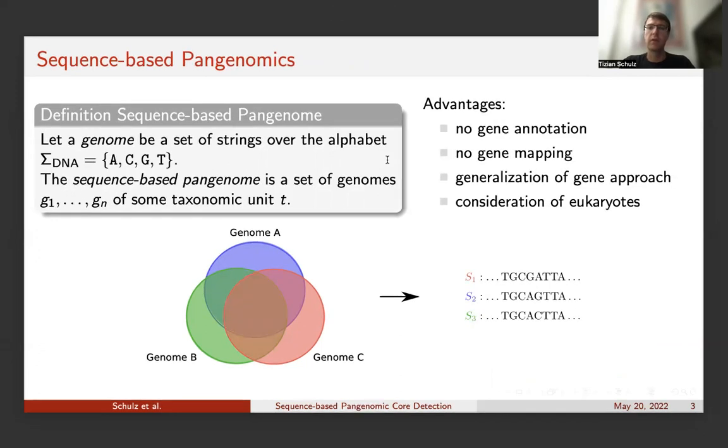First of all, we don't need any gene annotation. We also don't need to map the genes. But still, we do consider genes implicitly because, of course, our sequences will still contain the genes. So the approach is kind of a generalization of the gene-based approach. And now, finally, it also makes sense to consider eukaryotes in this setting.